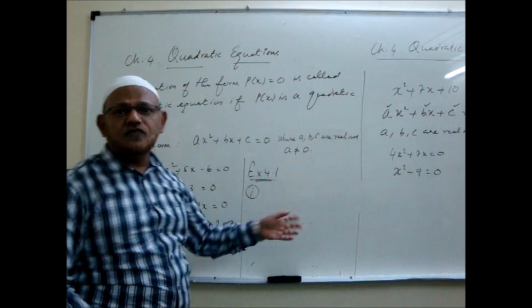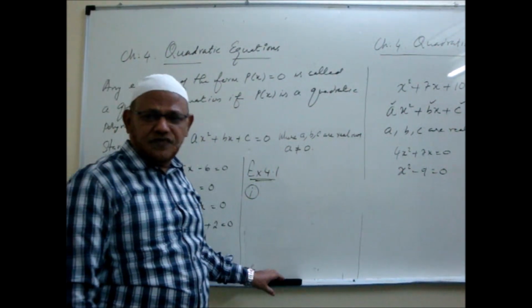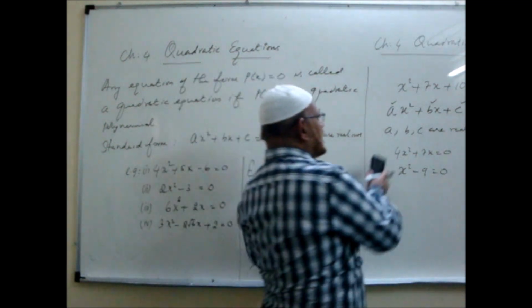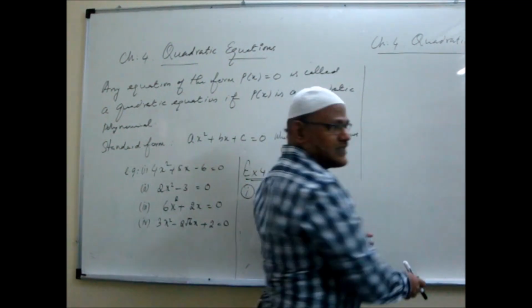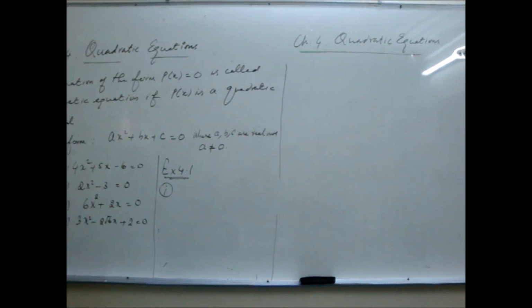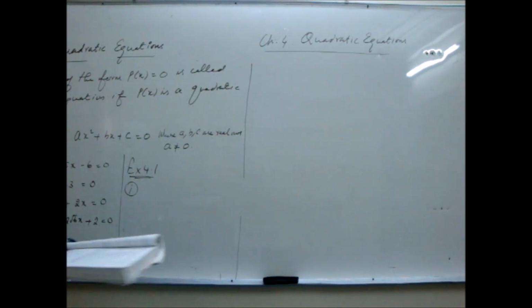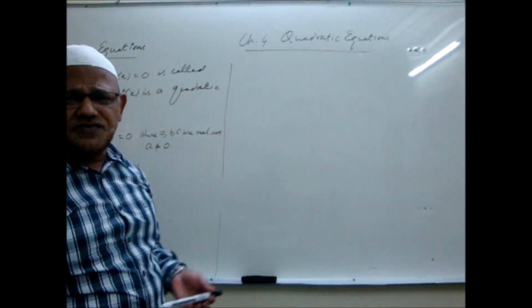Next is how to frame a quadratic equation for the given situation, meaning which situations lead you to form a quadratic equation. Let us take some situations where we need to apply quadratic equations. You can take one question from your textbook or any question.